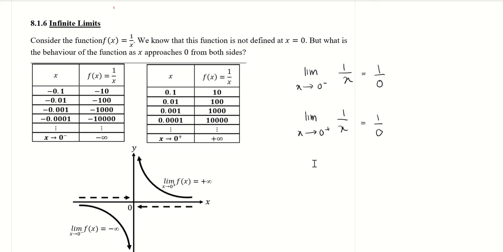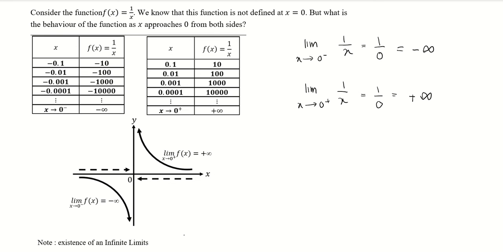So that means when we have something like 1 over 0, this is actually infinity. For x approaching 0 from the left, that is negative infinity, and from the right, this is positive infinity.